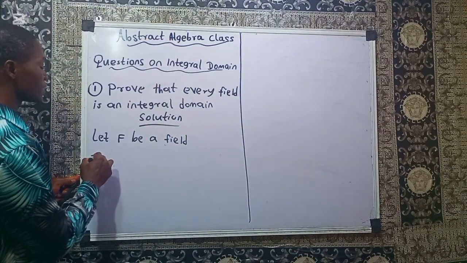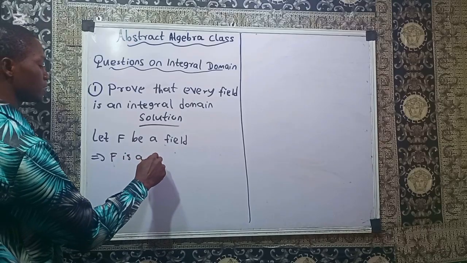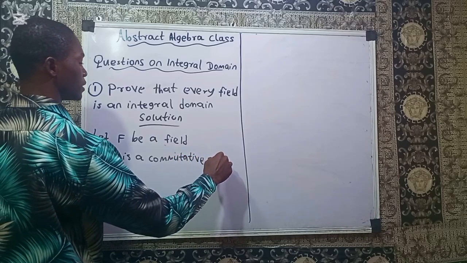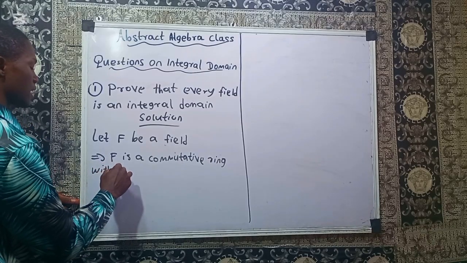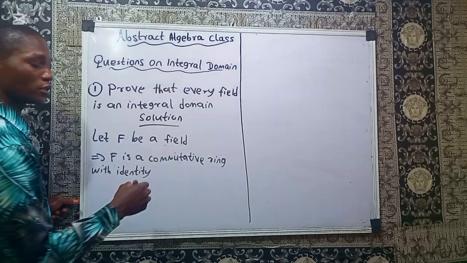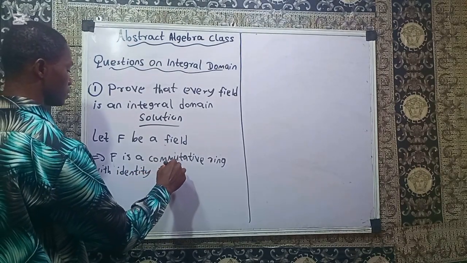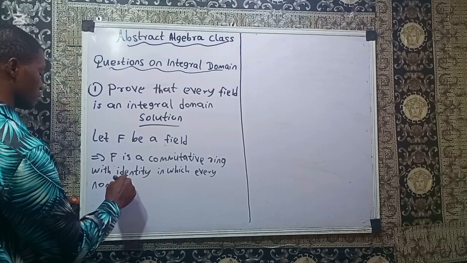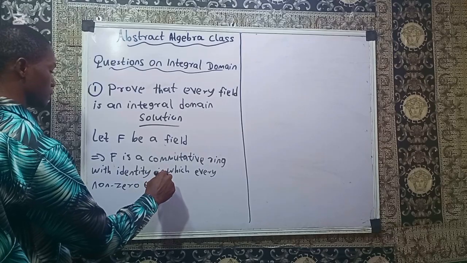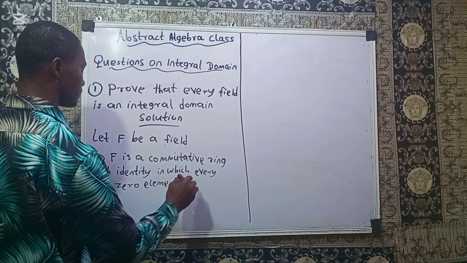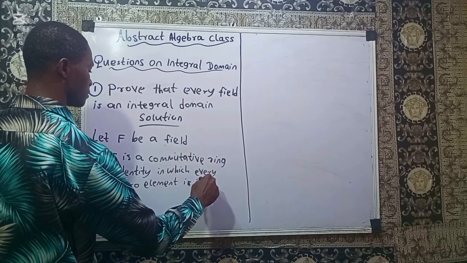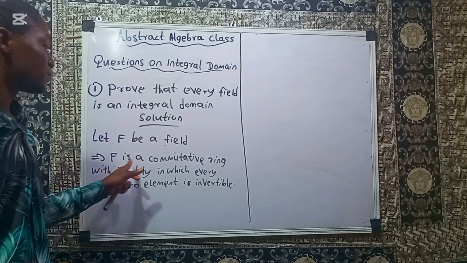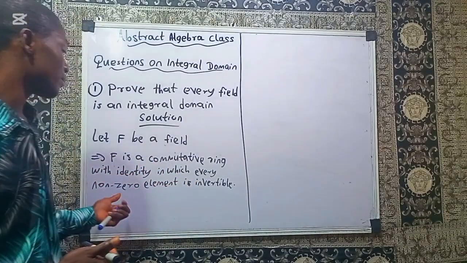So F is a field implies F is a commutative ring with identity in which every non-zero element is invertible.